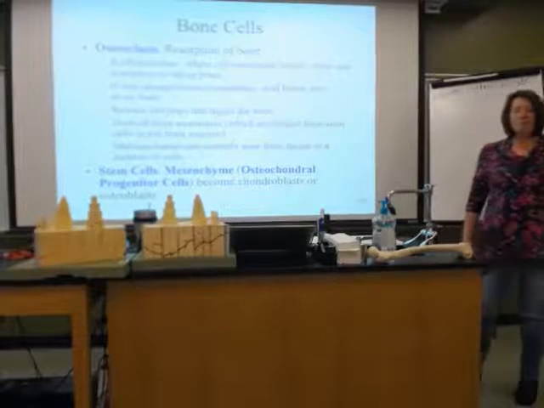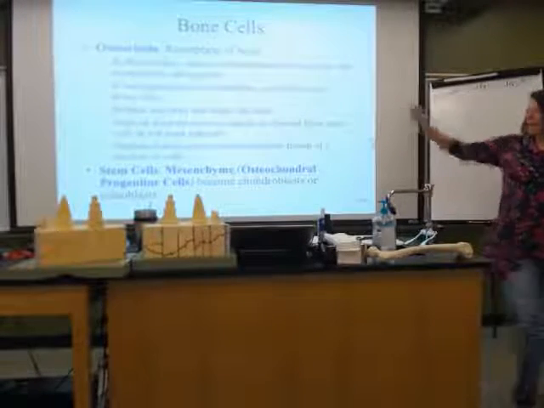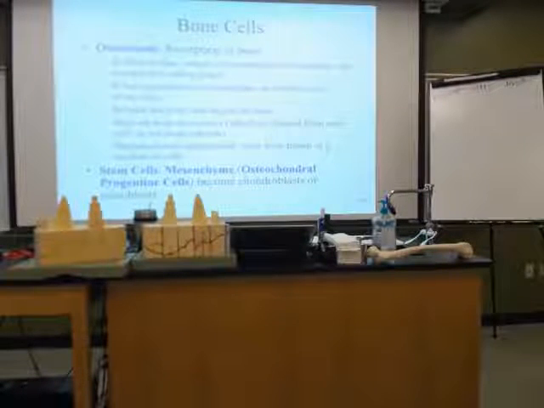All right. So, because our bone is living tissue, osteoclasts, okay, the cell that now allows for breaking down that material, become very active cells. All right? In bone tissue, osteoclasts are going to be busy.